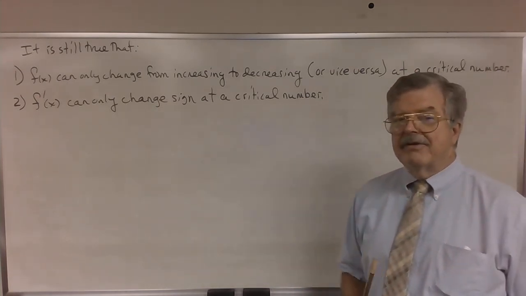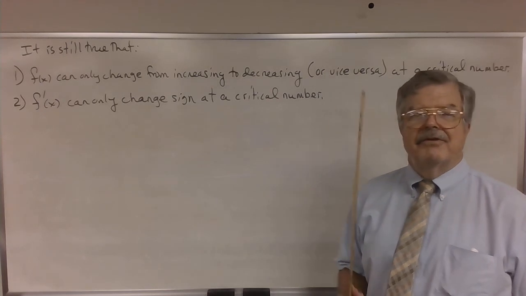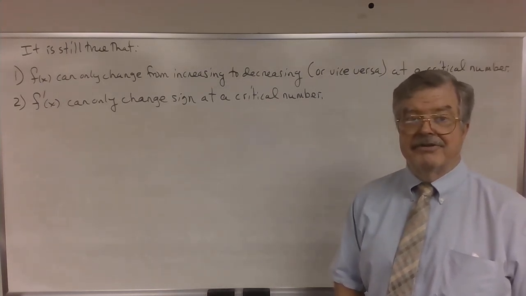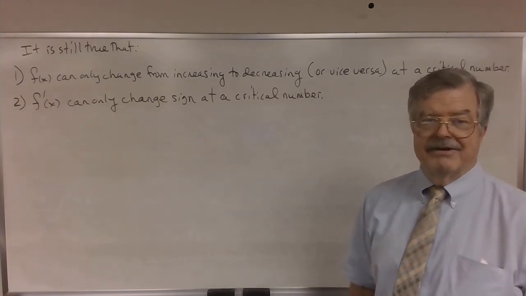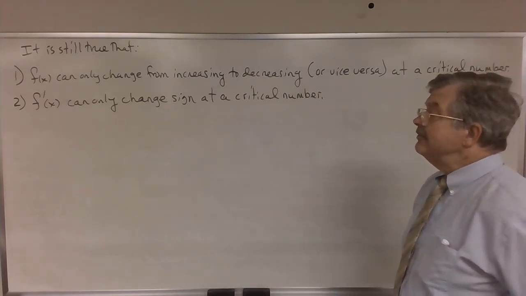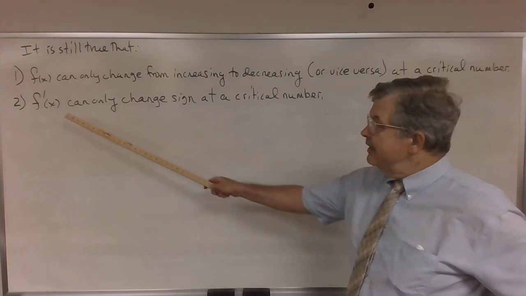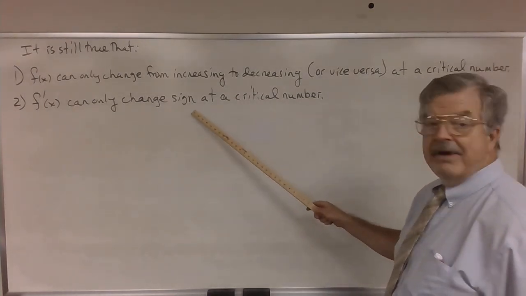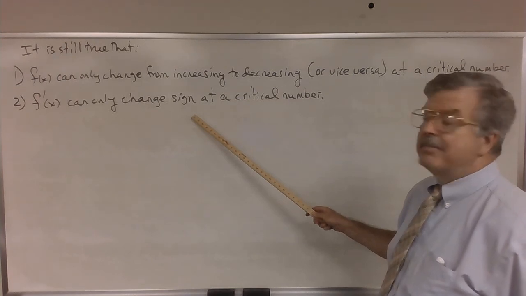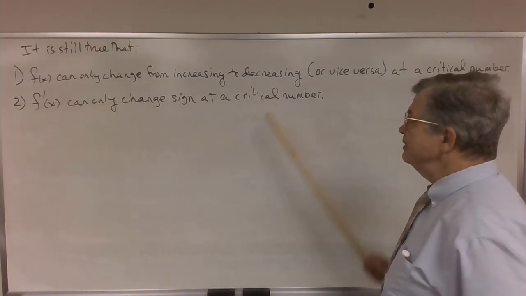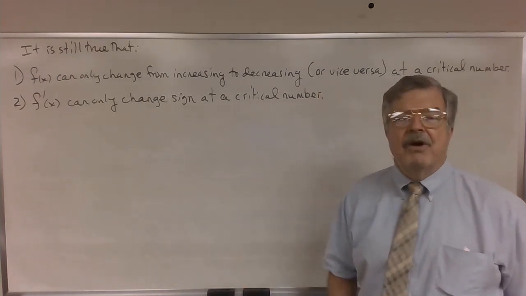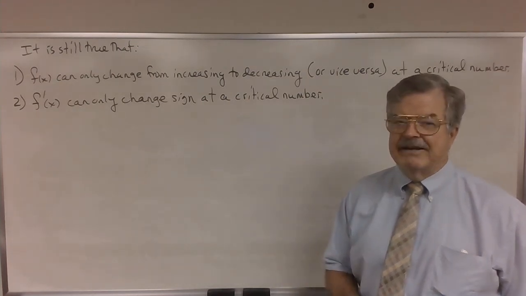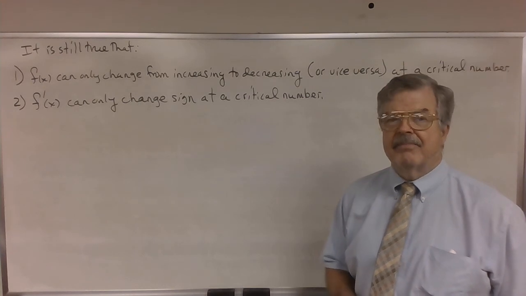If we don't have a critical number, then the graph of f of x can't change from increasing to decreasing or decreasing to increasing. And secondly, the derivative f prime of x can only change sign from positive to negative or negative to positive at a critical number. If we don't have a critical number, the derivative can't change sign.